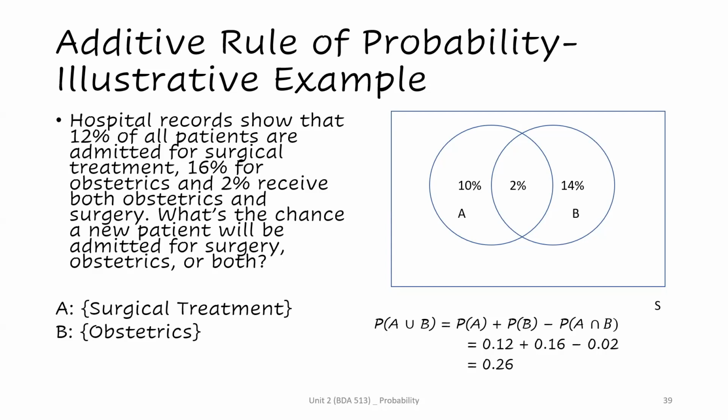Take us through. The probability of A, which is surgical treatment, was 23% plus the probability of B, obstetrics, is 34% minus the probability of both, 8%. So the probability of A plus the probability of B, I had 57% minus the 8, gives me 49.